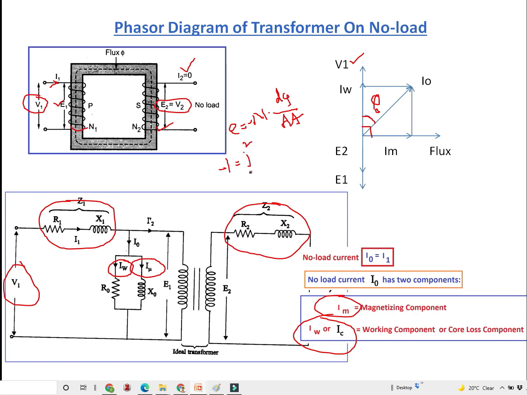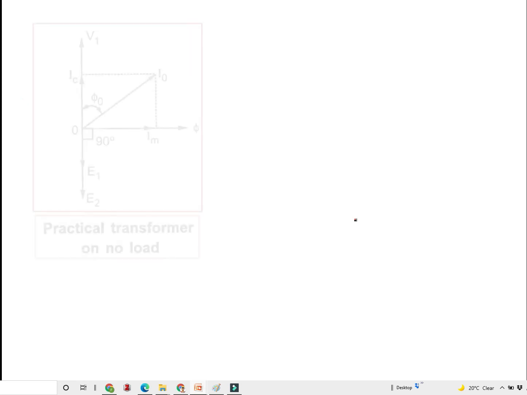J square is equal to minus 1. J contributes 90 degrees, so j square is nothing but 180 degrees. That's why the induced EMF is 180 degrees opposite. See, this E2 and E1 are at 180 degree displacement from the source voltage, or just opposite in line to the source voltage, correct? Now I show the same diagram here for your understanding.